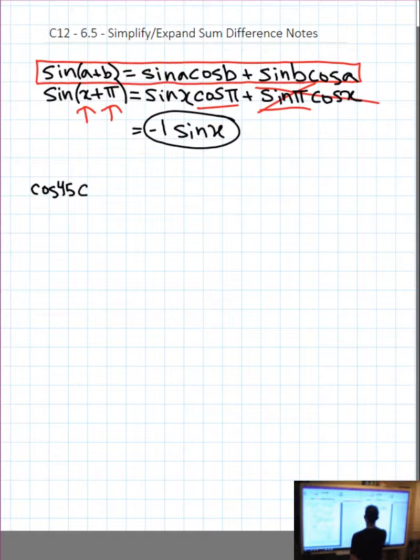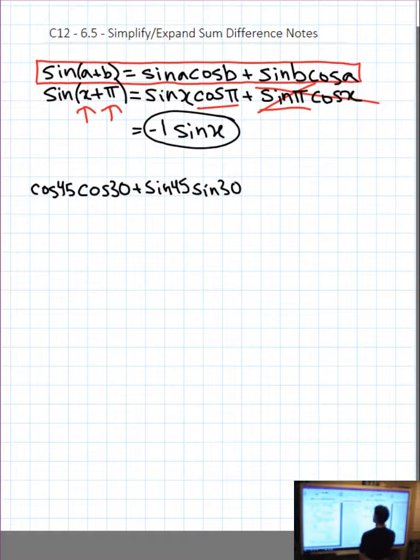Cos 45, cos 30, plus sine 45, sine 30. And wonder what that equals to.